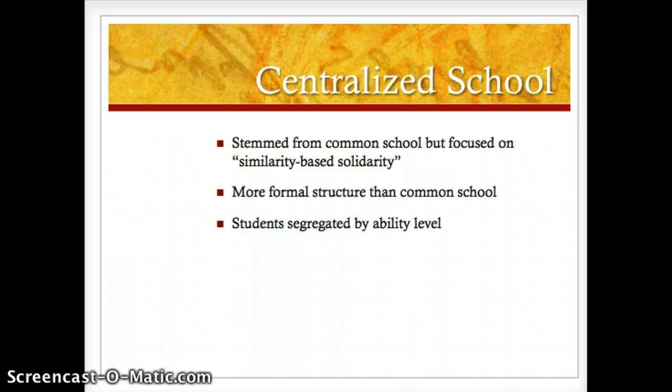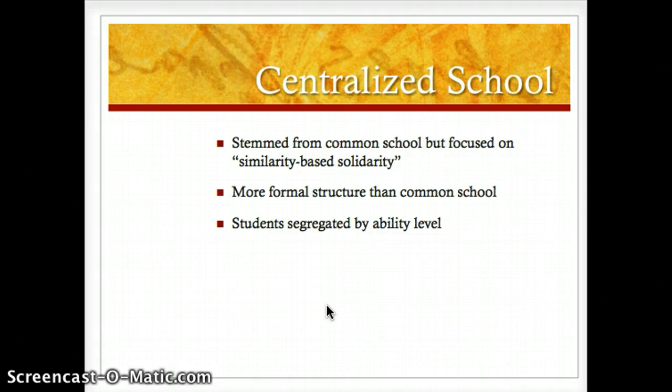The centralized school system that came to be had a more formal structure, and school boards and administrations developed specific goals and policies that must be adhered to by all schools.